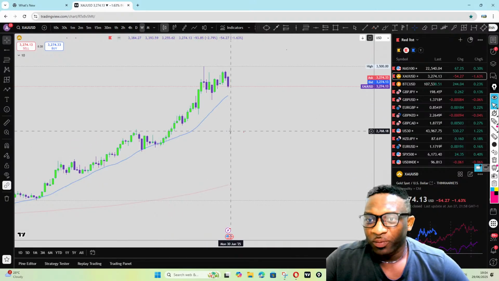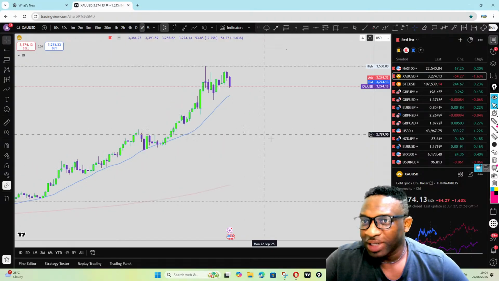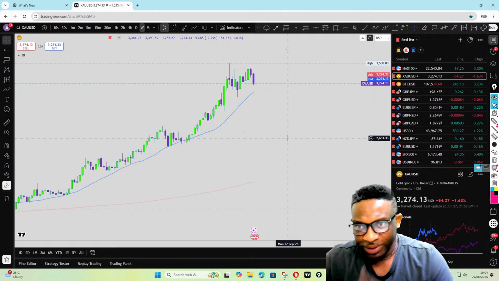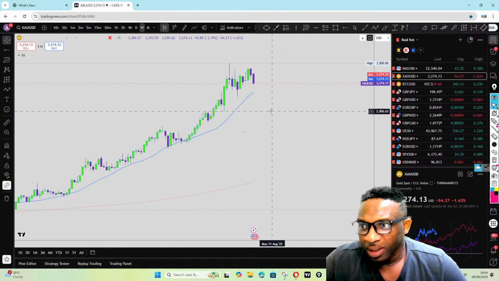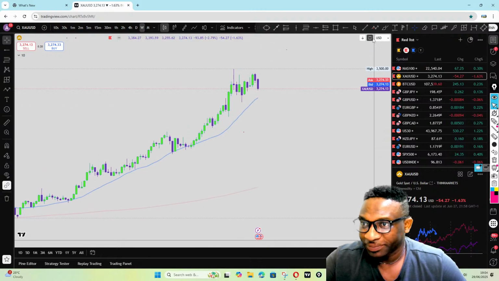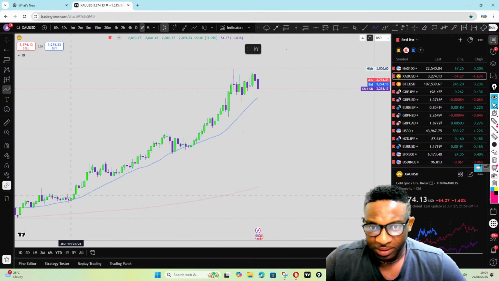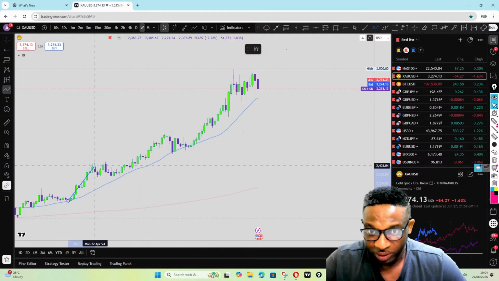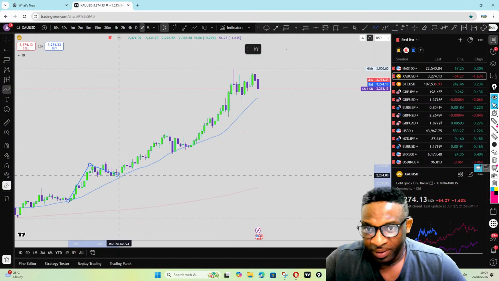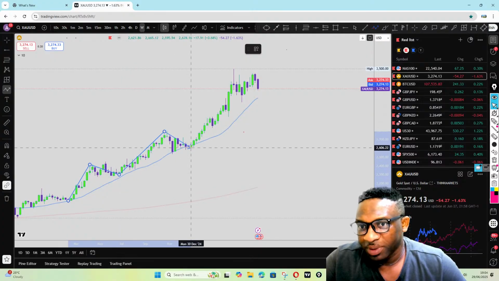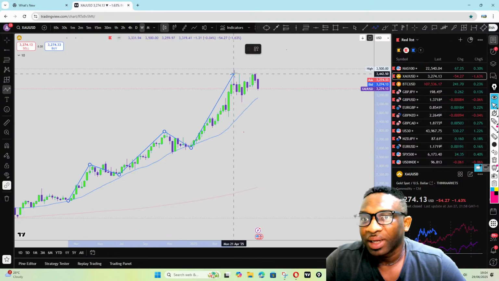Okay, welcome once again, everyone. So on the charts here, I have XAU/USD, gold. As we can see, gold has been making its moves higher and higher. This is on the weekly time frame, where gold has been striving higher and higher.